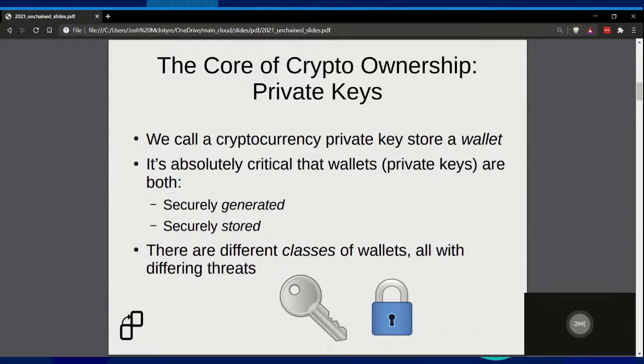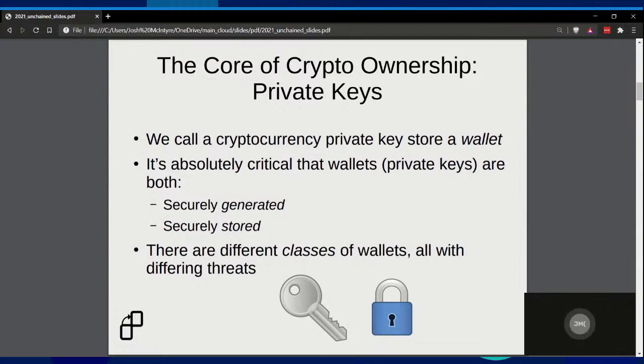Before I get into what we're going to talk about specifically today, a reminder of what the core of crypto ownership is, and that's private keys. So we call a cryptocurrency private key store a wallet. That's the industry terminology that we use. And it's absolutely critical that wallets with our private keys in them are both securely generated, so the keys themselves are actually generated in a secure manner, and securely stored for the long term.